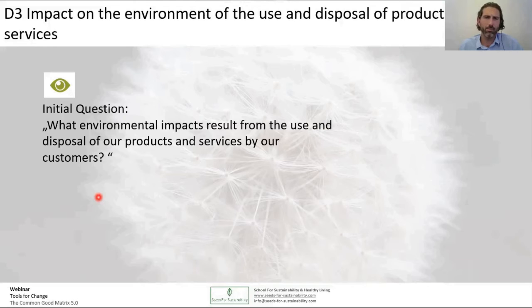What environmental impacts result from the use and disposal of our products and services by our customers? So even if I provide, let's say, a data service to my customers, that data has to be hosted somewhere, stored somewhere, managed somehow with servers and so on. And then the question could be, okay, where's the electricity coming from?